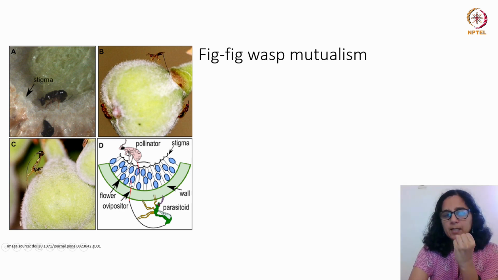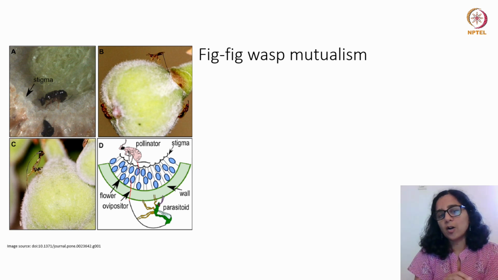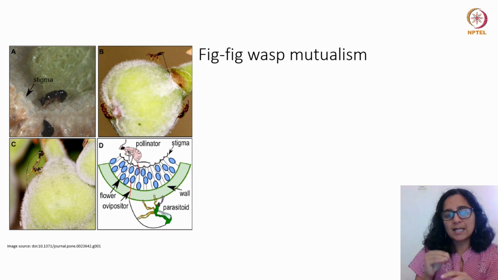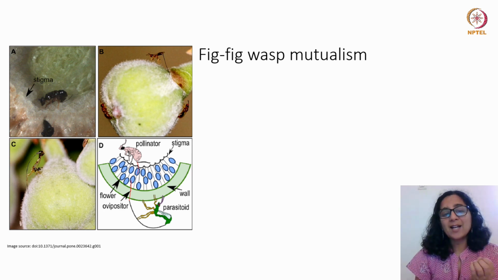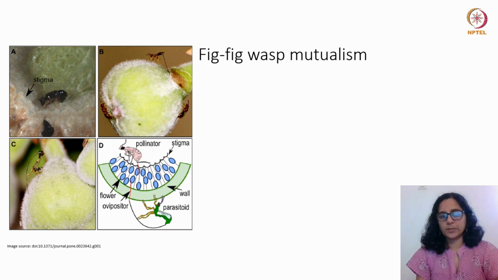So what happens here is it's called a parasitoid because it lays its own egg on top, and its larvae start feeding on the pollinator wasp larvae. So parasitoids are those which feed on other organisms.